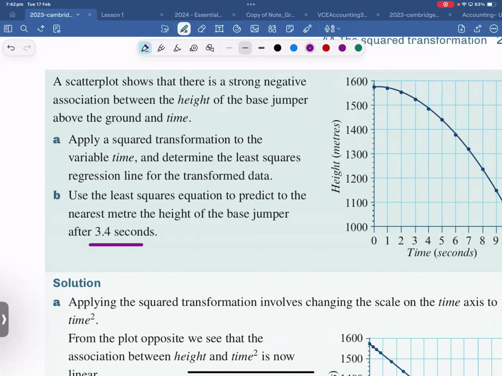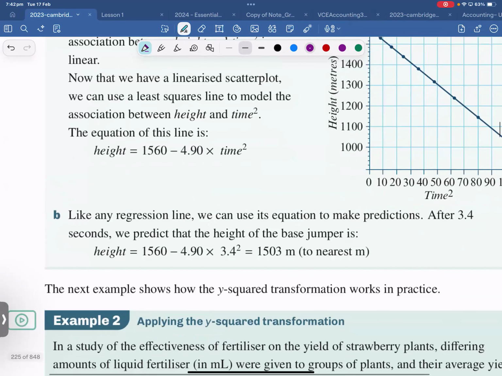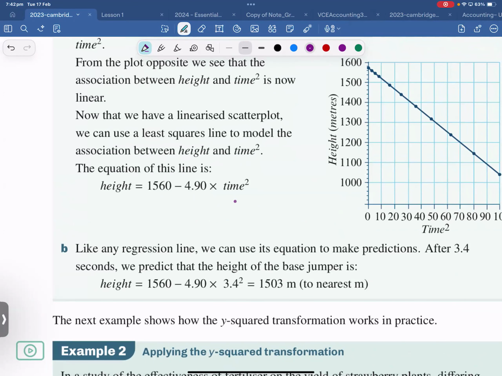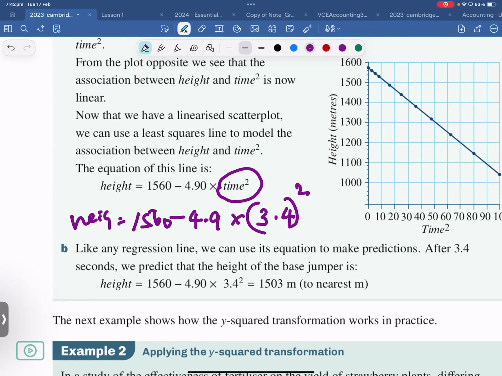Then what do we do, guys? We have to use the new regression line, which is the x squared one. And then we substitute 3.4 squared, and then we can calculate the height. So we are getting 1,503 meters.